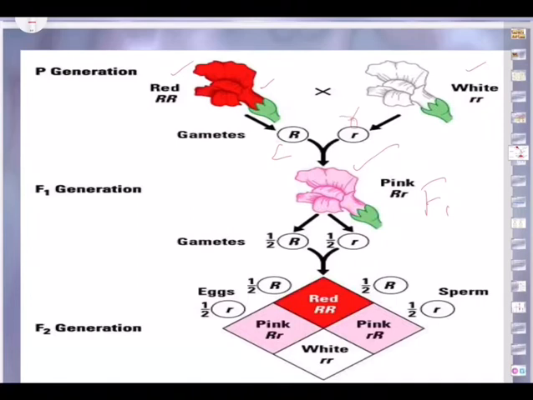But here we are getting pink flower because capital R is no more completely dominant. It is not as recessive as small r, but compared to small r it is a bit dominant, though not completely dominant. Hence, pink flower. So when the F1 generation seeds are self-pollinated, then you get it. Law of segregation applies. This is the law of dominance. In this case, there is no dominance.